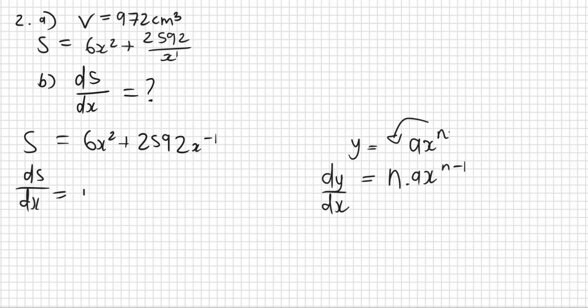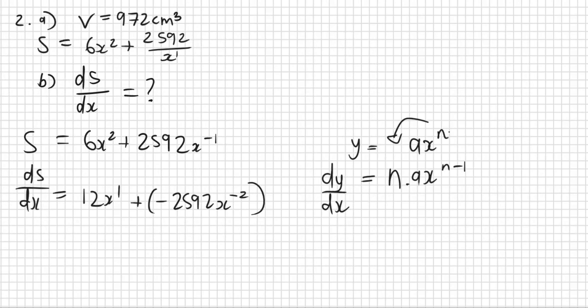2 times 6 is 12. x to the 2 minus 1 is 1. Plus minus 1 times 2592 is minus 2592. x to the minus 1 minus another 1 is minus 2. We put this back in positive form.